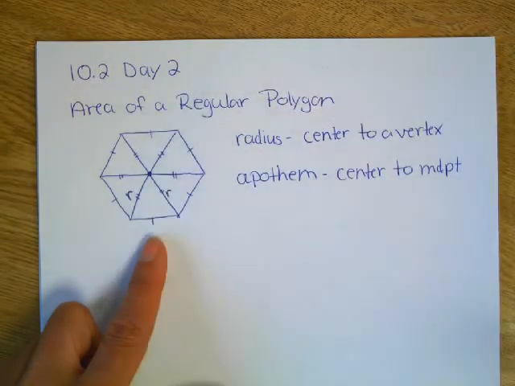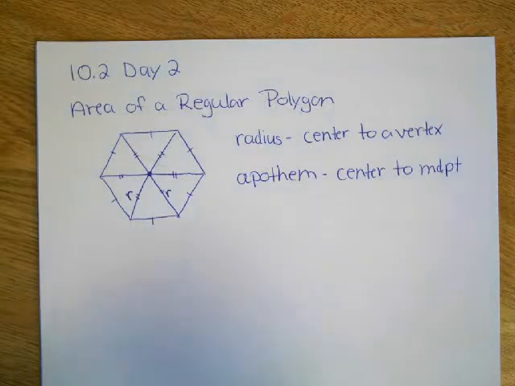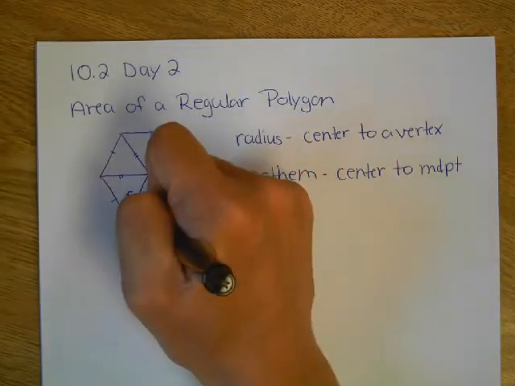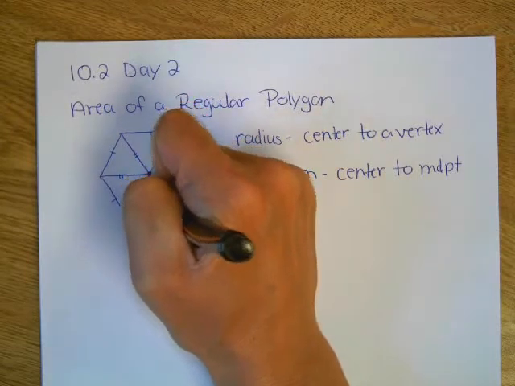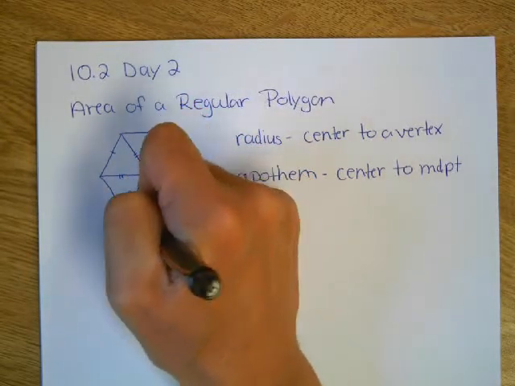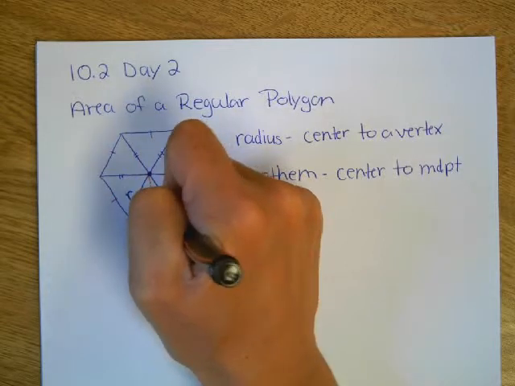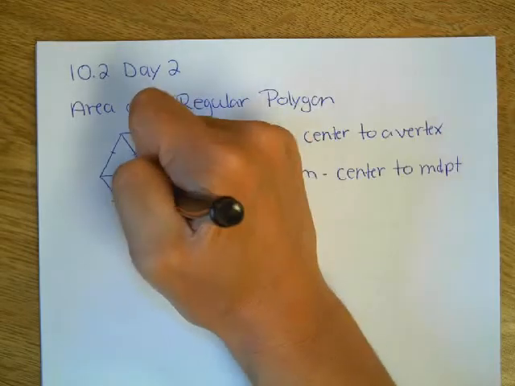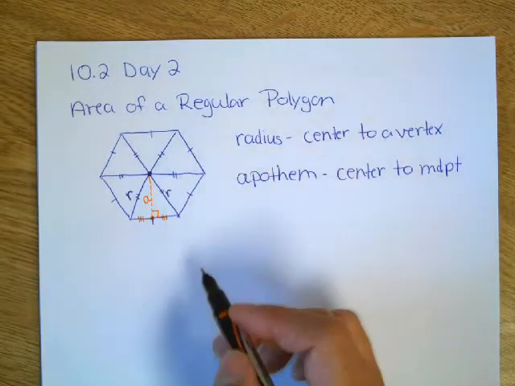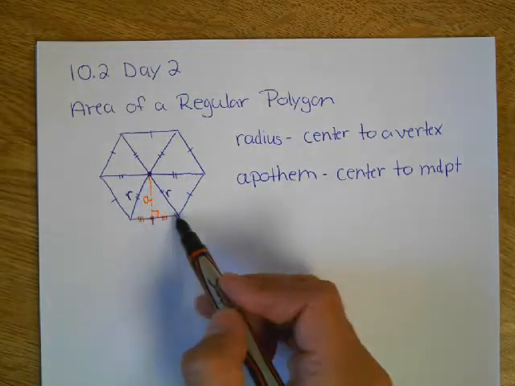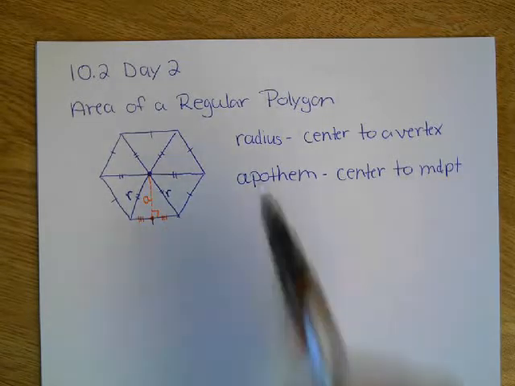Well, if you think about it, I'll grab another color here. This apothem is essentially the height of our triangle. That'll divide that side, because it's a midpoint, and we're going to call it little a, because it's referred to as the apothem of the polygon, but it is truly the height of this one triangle.